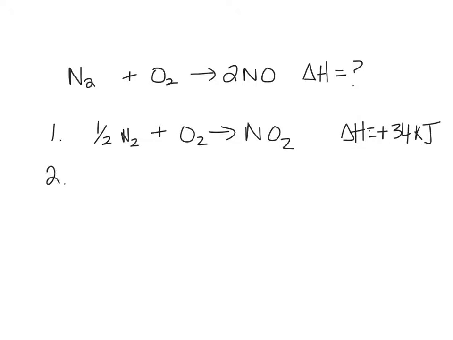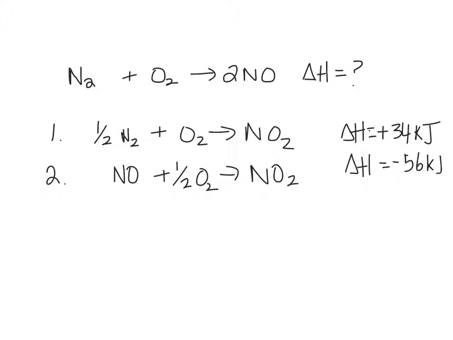Our second equation, nitrogen monoxide plus half a molecule of O2 will produce NO2 gas, and our delta H for this is negative 56.